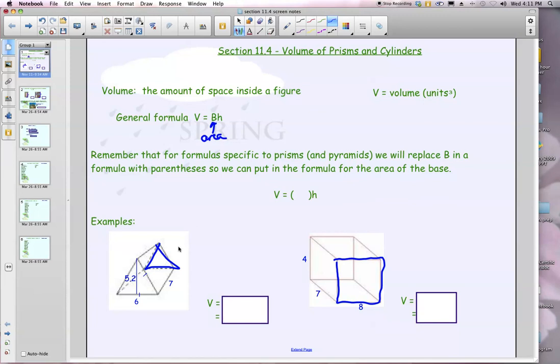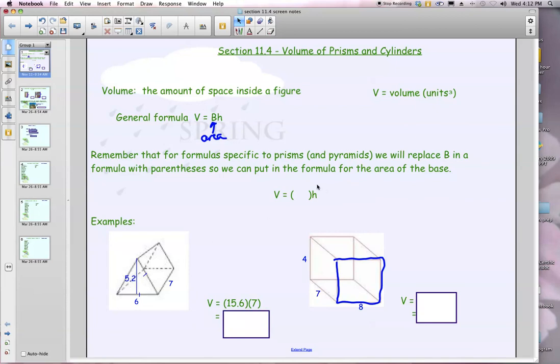Here's our first example. We're going to find the volume of this prism. This prism is a triangular prism like I just alluded to. So for the area of our base, we will use 1/2 base times height to find the area of our triangle. 1/2 base times height is 15.6. 1/2 times 5.2 times 6.